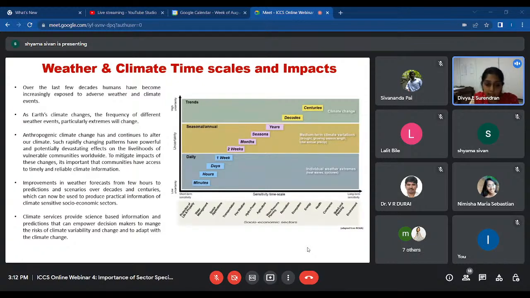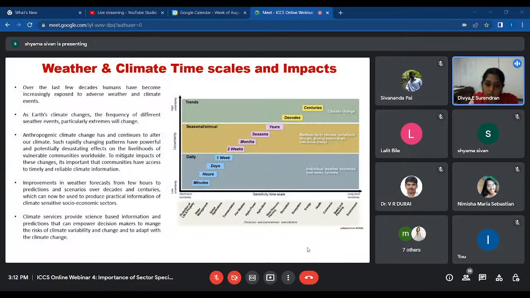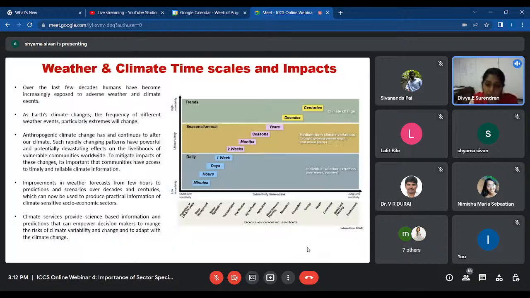The impact of climate change or of extreme weather events is different for different sectors. Sectors are affected by different types of extreme events and different types of normal weather events also. From daily to centuries, the effect on different sectors will be different.